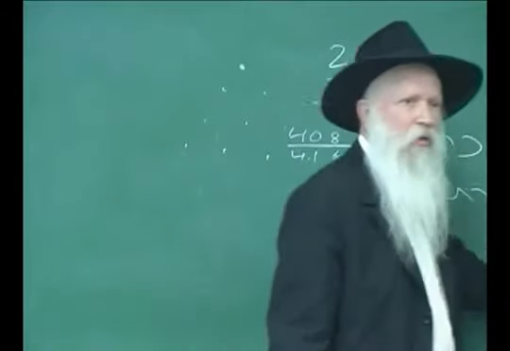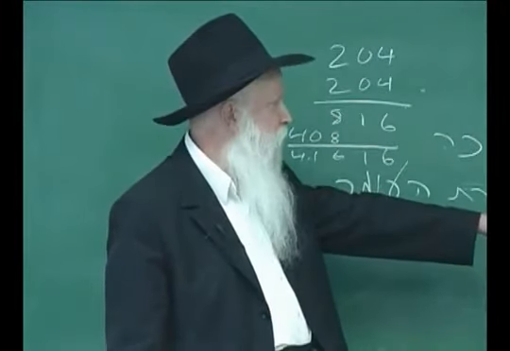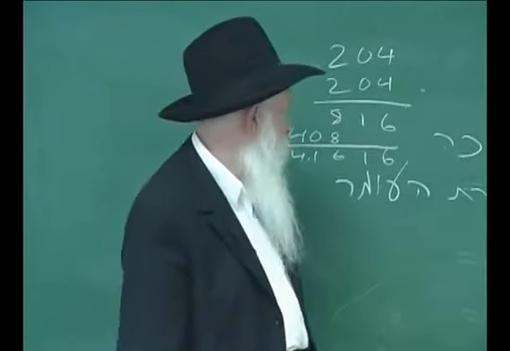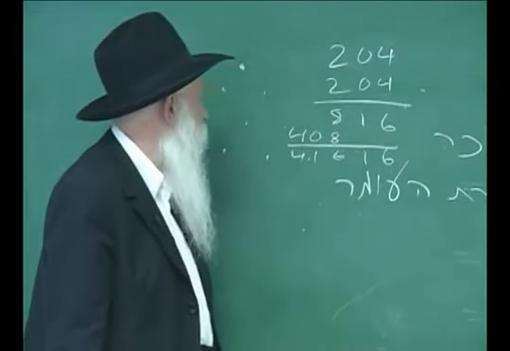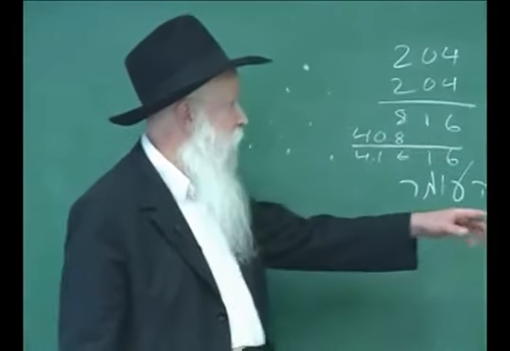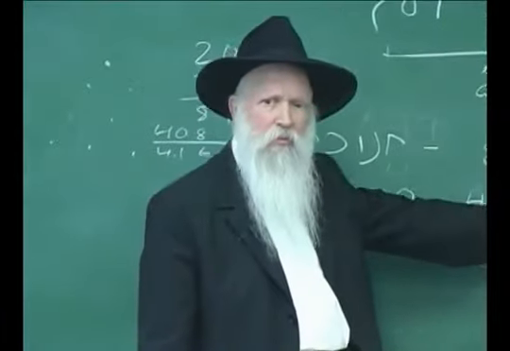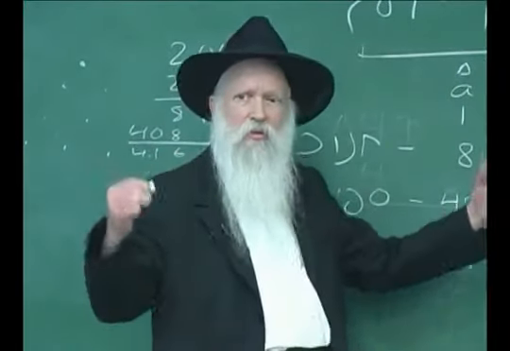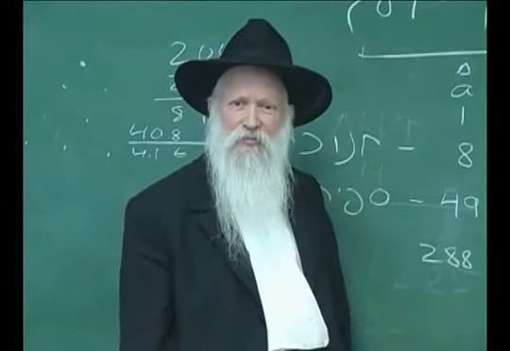It's already a big number. 41,616. So these numbers really skip in big quantum leaps.